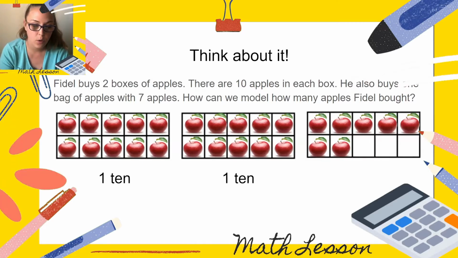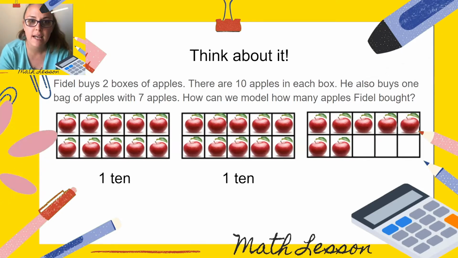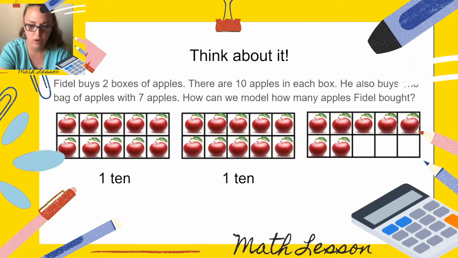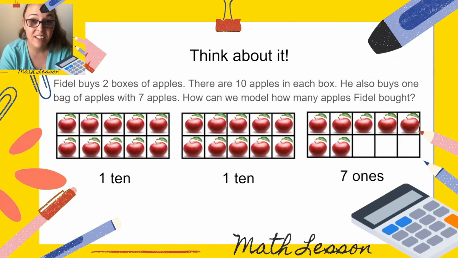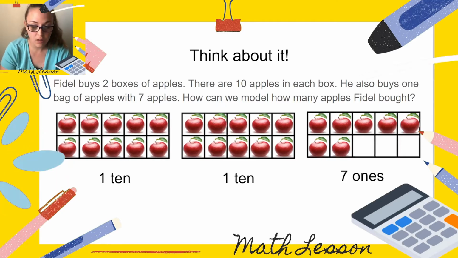So now we have a 10 on the left, a 10 in the middle, and how many do we have on the right side? Can you count them? 1, 2, 3, 4, 5, 6, 7. But that's not a full 10 frame, so what do we call those? That's right, 7 ones.